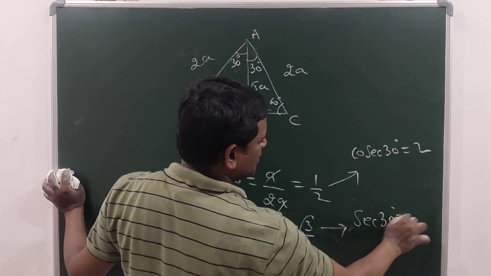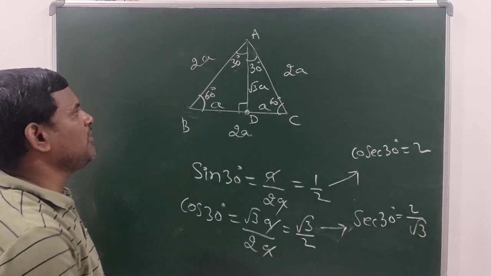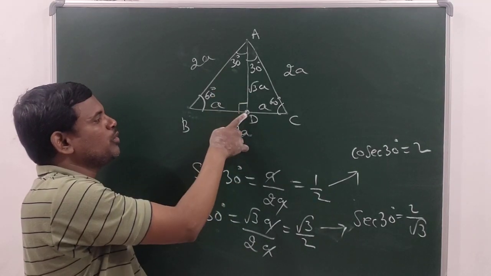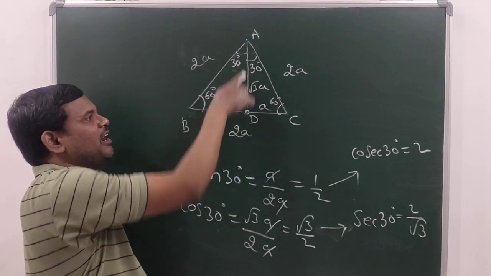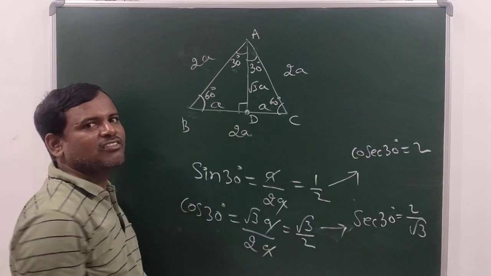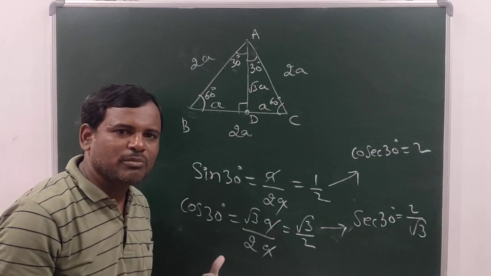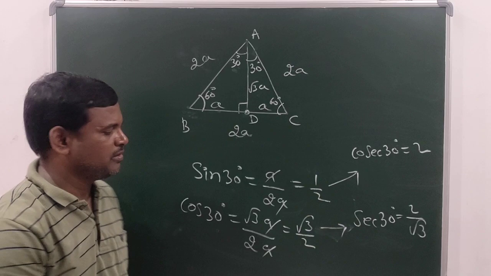Secant 30 degrees is 2 by root 3. Similarly, if you want tan 30, go here. Opposite is a, adjacent is root 3a. So a by root 3a, a cancels, 1 by root 3. If tan 30 is 1 by root 3, cot 30 is root 3.